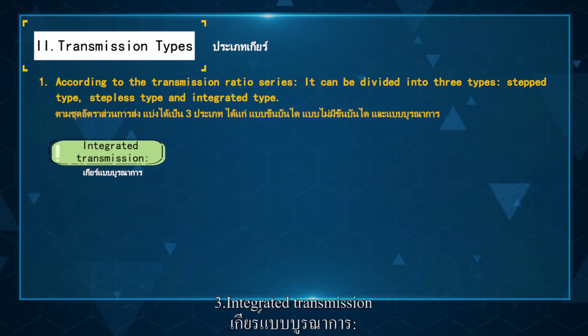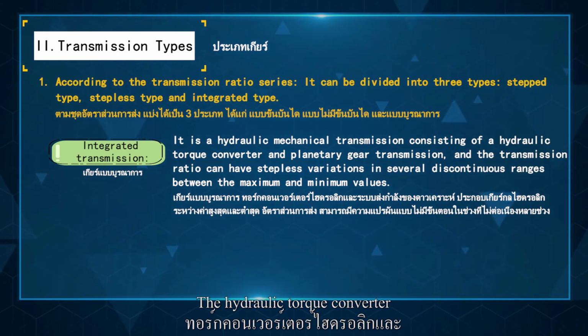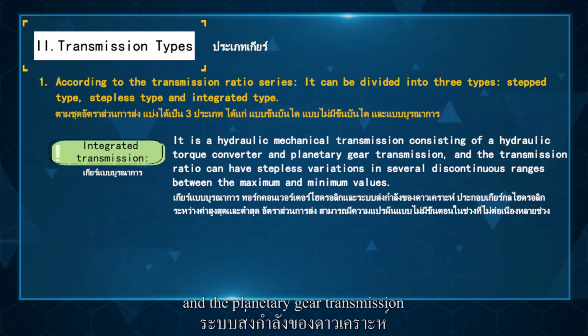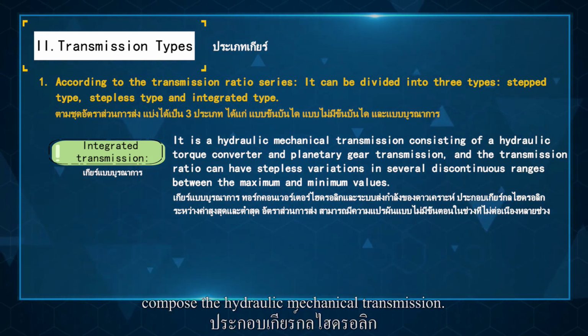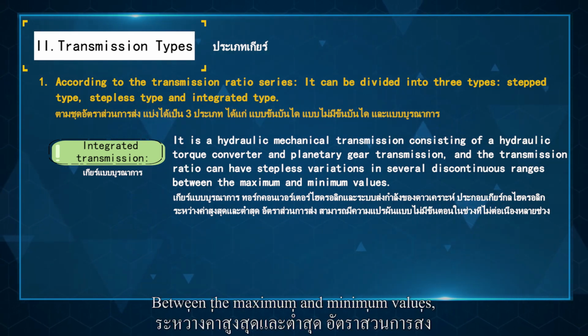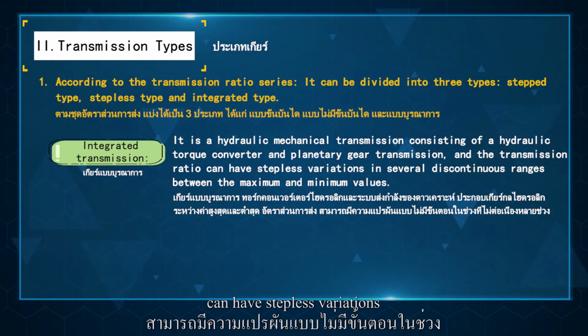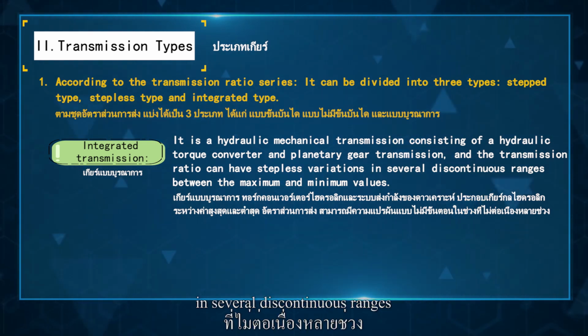3. Integrated transmission. The hydraulic torque converter and the planetary gear transmission compose the hydraulic mechanical transmission. Between the maximum and minimum values, the transmission ratio can have stepless variations in several discontinuous ranges.